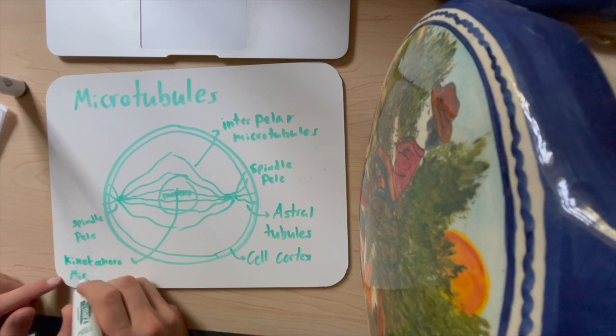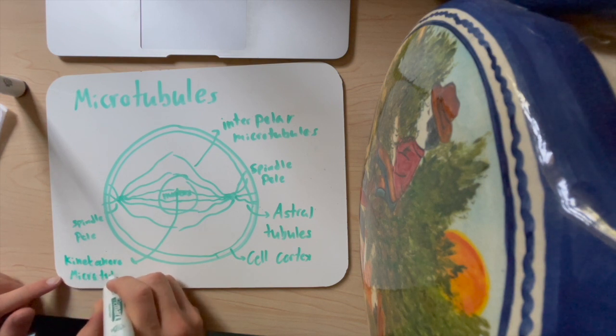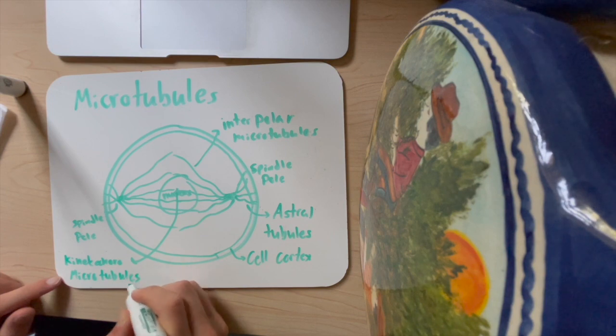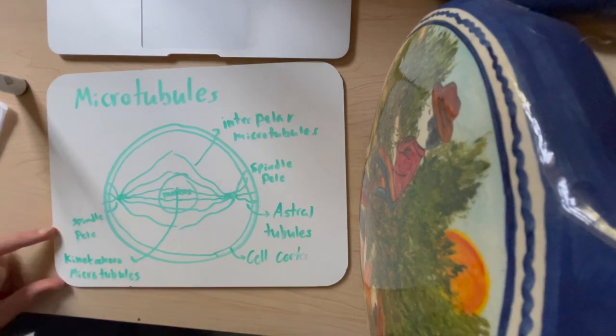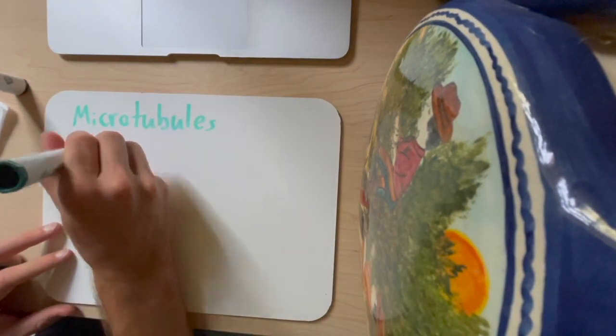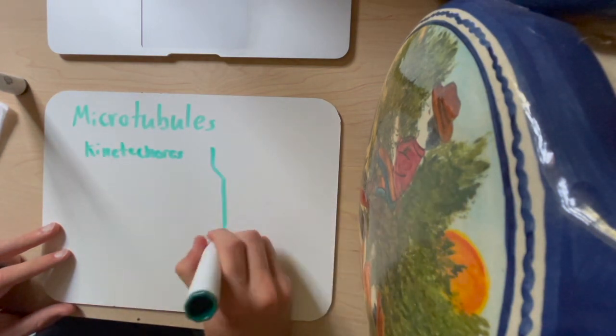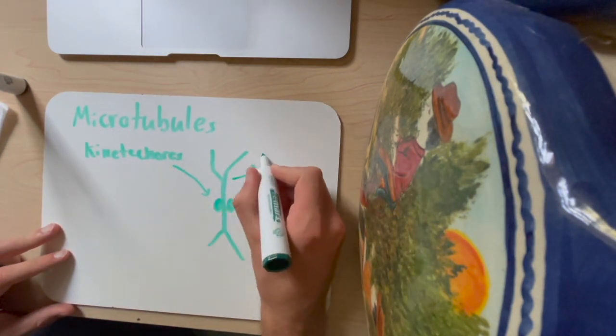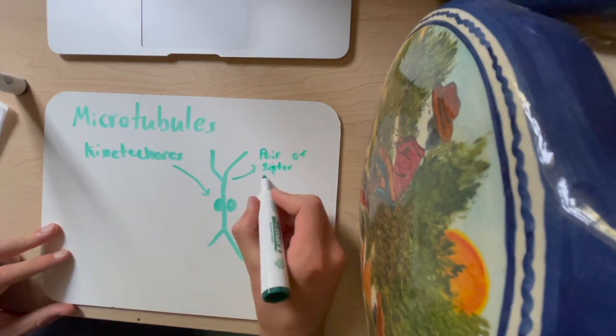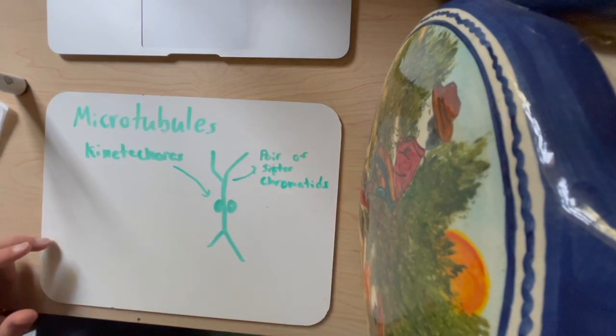The third and final type are kinetochore microtubules, whose positively charged ends connect to sister chromatid pairs at the kinetochores. Kinetochores are large protein structures at the centromeres of each sister chromatid. Centromeres are where 2 sister chromatids connect.